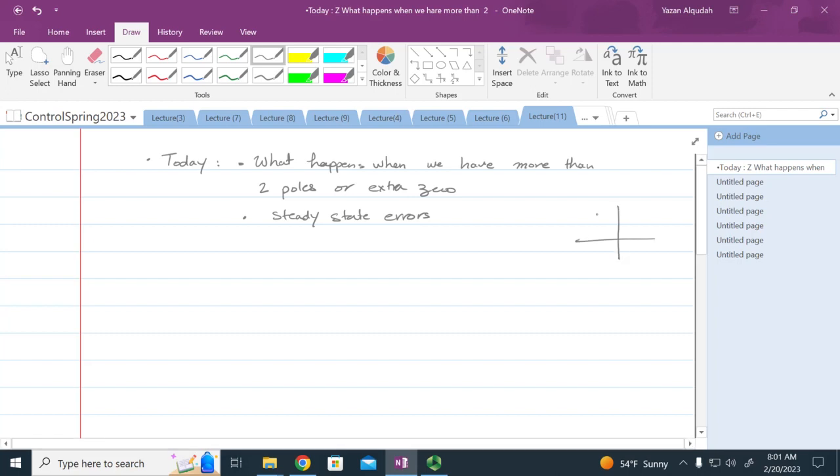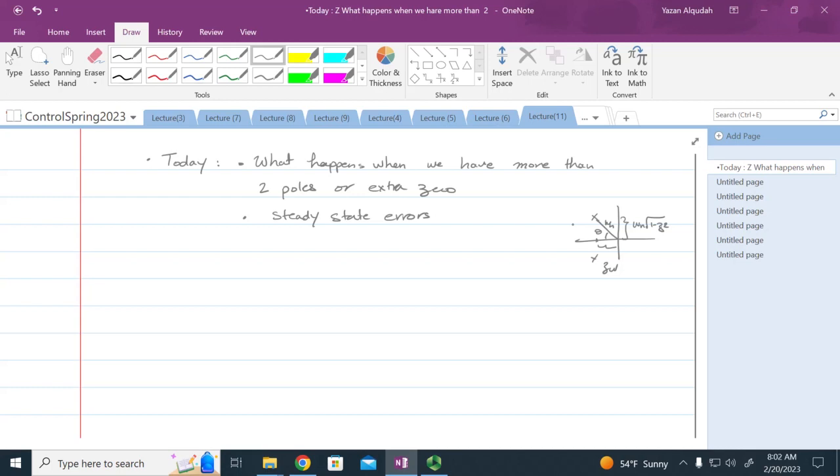If it is underdamped, then this distance is zeta omega n. This is omega n square root of 1 minus zeta squared. This is omega n. And from these, we can determine all the parameters. And the cosine of this theta is zeta. So therefore, if we know the location of the poles of the second order system, we should be able to calculate all the characteristics of the response.